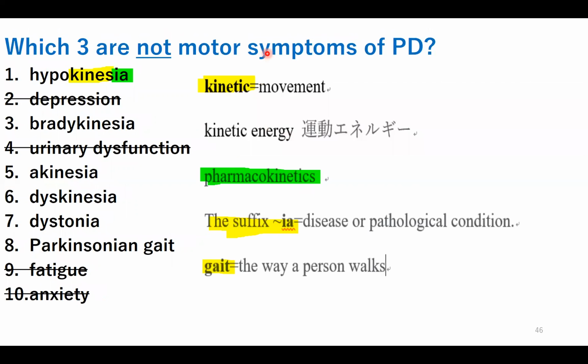Because they know the word kinetic energy, and they also do a course called pharmacokinetics. Yeah, yakugaku dodai gaku. I think so. Okay, it's how drugs move around the body, how they're absorbed, how they're metabolized, distributed, excreted. Okay, pharmacokinetics. So this, and IA is a disease. It's a suffix. Okay, and gait is how you walk. Okay, so yeah, so we go over this.